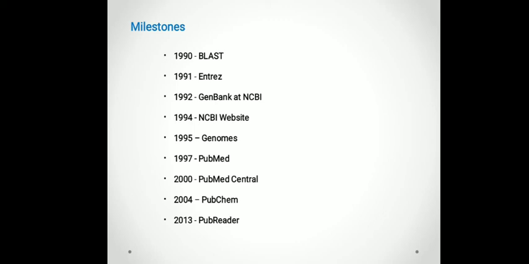In 1991, the search and retrieval system for NCBI's linked databases is introduced in CD form, which is known as Entrez. It allows users to easily find related information from different databases.